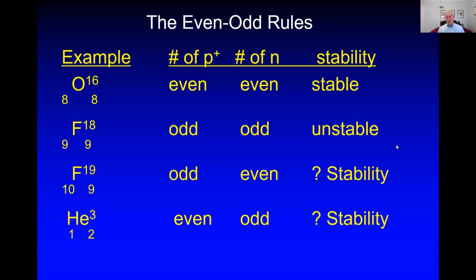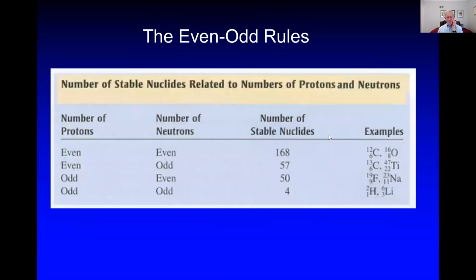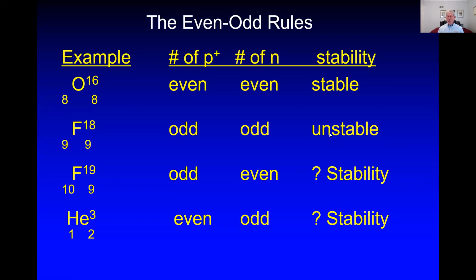I don't think I have a slide for it, but let's take a look at this example. Just think about this in your head. You have uranium 92-238. What's your prediction, stable or unstable? 92-238. The number of neutrons has to be an even number, correct?